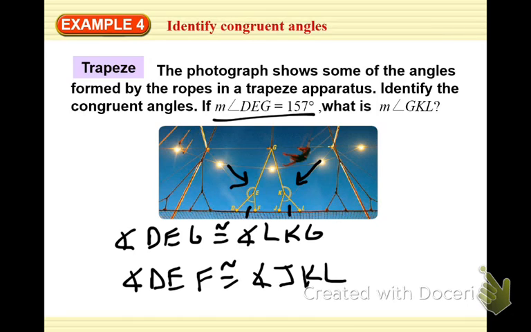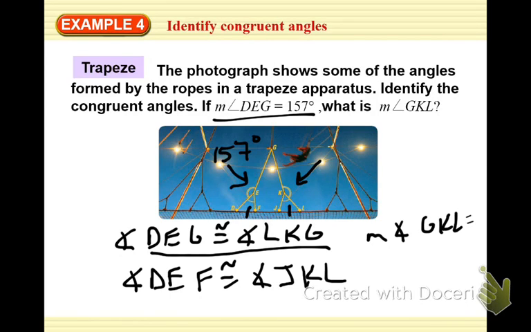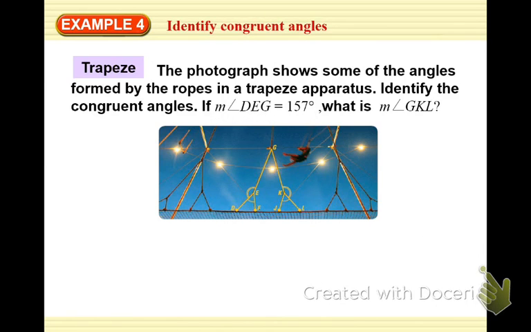If we know that angle DEG is 157 degrees, what's the measure of angle GKL? Well, since these two are marked congruent, and we have our little congruence symbol here, that tells us that the measure of angle GKL is going to be the same, 157. Congruent angles, much like congruent segments.